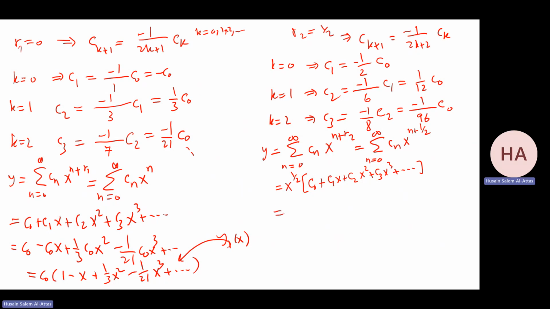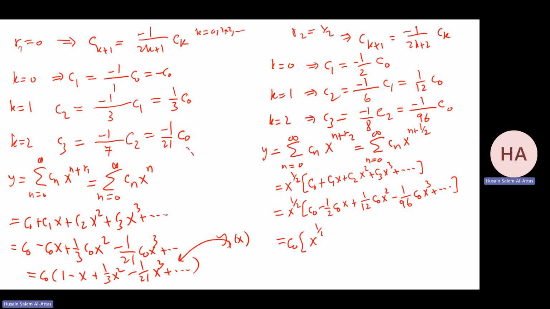Okay. So I have x to the power half outside. I have C0. What is C1? Minus half C0 x plus C0 x squared over 96. Notice I can take C0 outside.